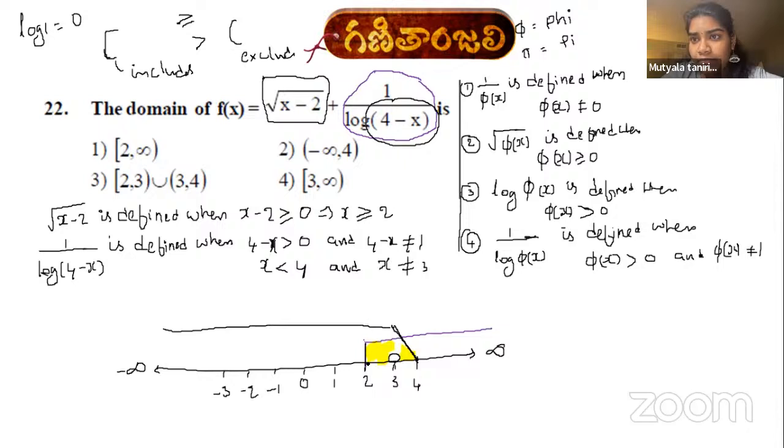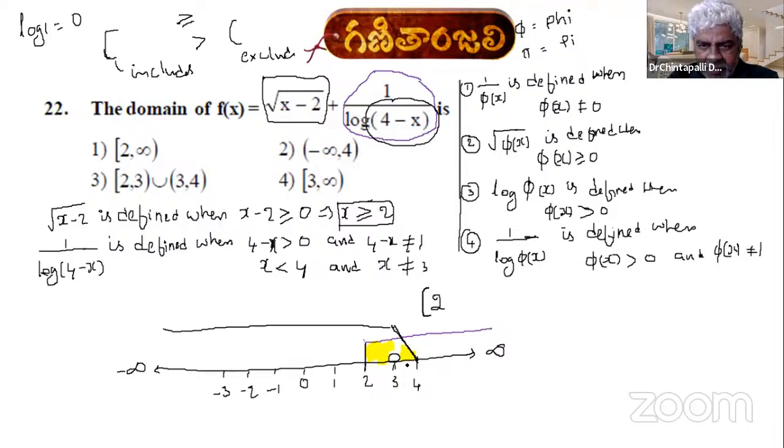What about this 2, is it included or excluded? It is included. Up to 3 only. But 3 is excluded. 3 cannot be in the domain.